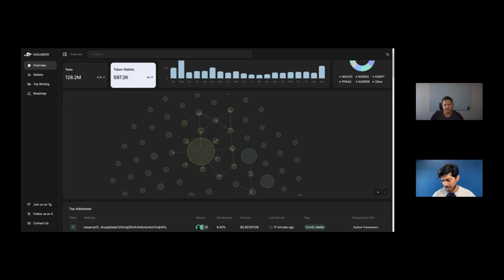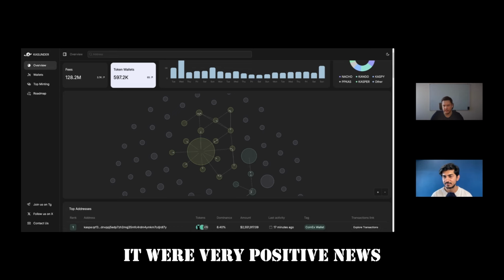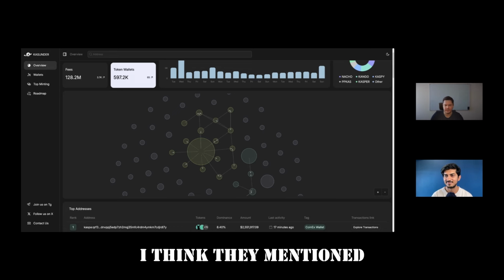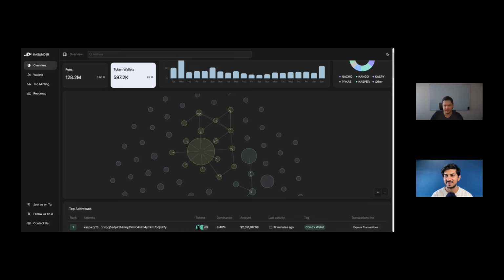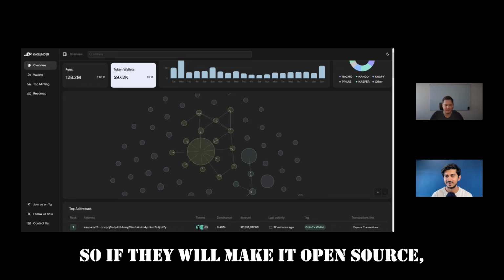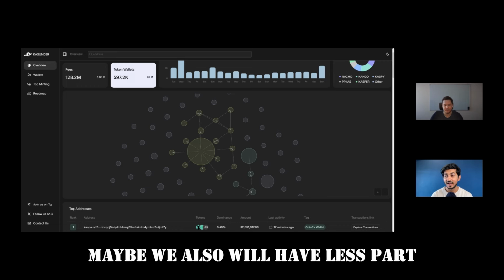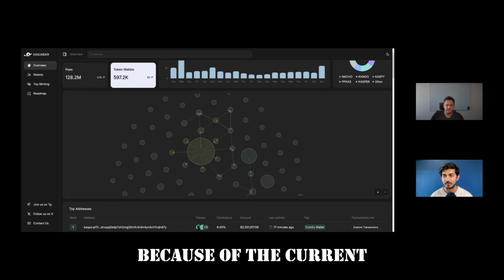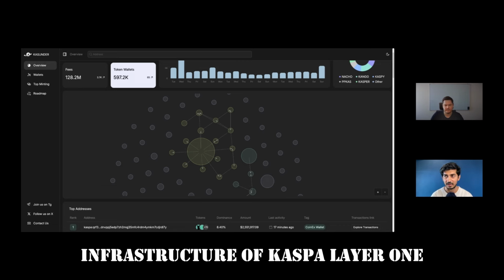Right. It was very positive news from Micro Labs on your podcast. I think they mentioned that they are working on this indexer for their archival node. So if they make it open source, maybe we will also have less work. I think they said they'll have to do it because of the current infrastructure of Kaspa layer 1.